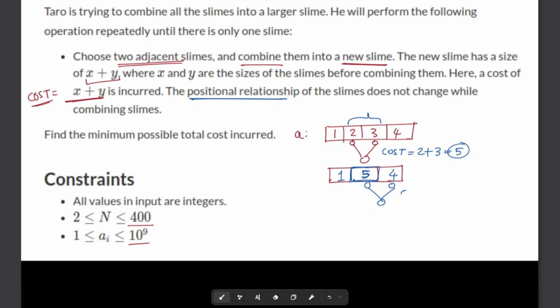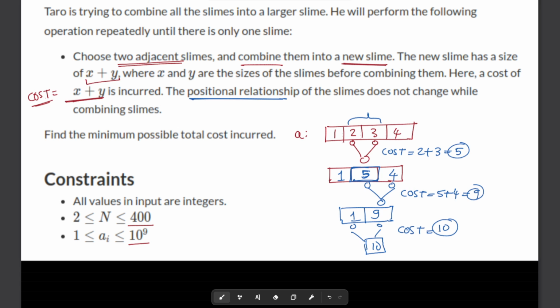Now the cost for this would be 5 plus 4, which is 9. And again, merging everything makes it 10, and the cost would be 10 here as well.